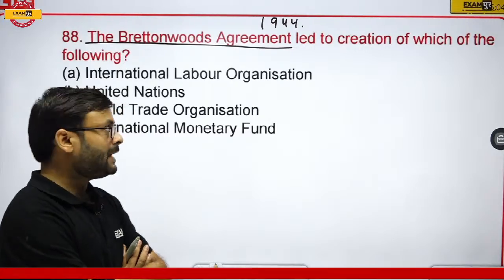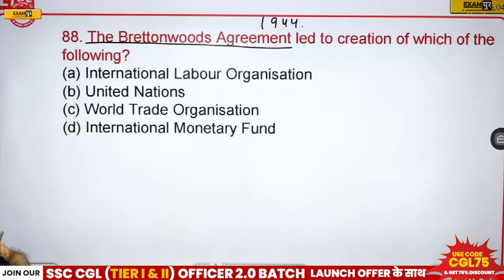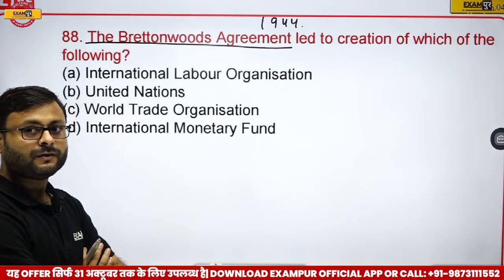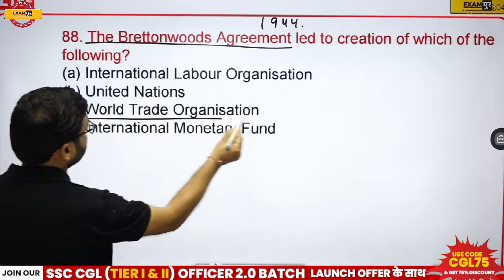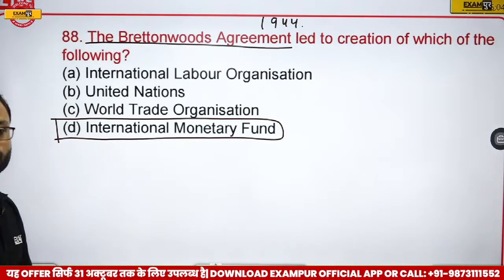Okay, so by the Bretton Woods Agreement 1944, the two organizations were established. The first one is the International Monetary Fund and the other one is the International Bank for Reconstruction and Development. So here the correct answer is International Monetary Fund. Okay, this is the correct answer for this question.